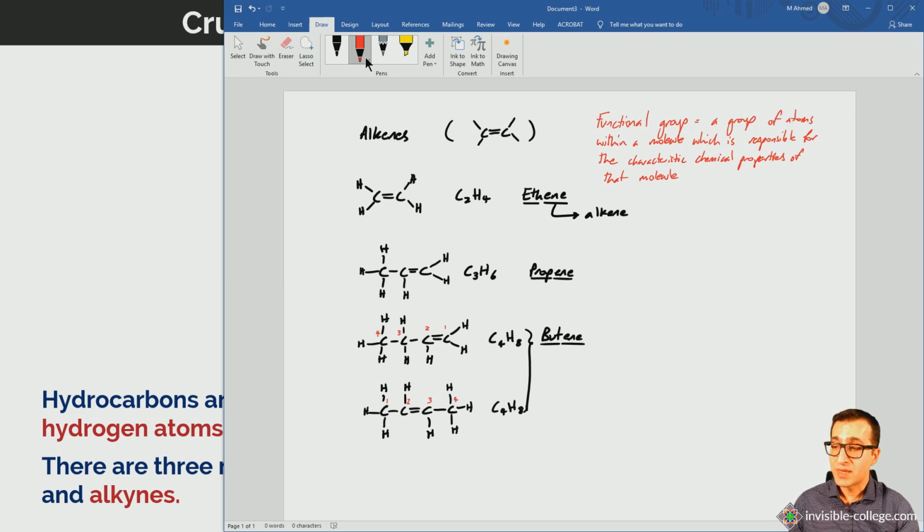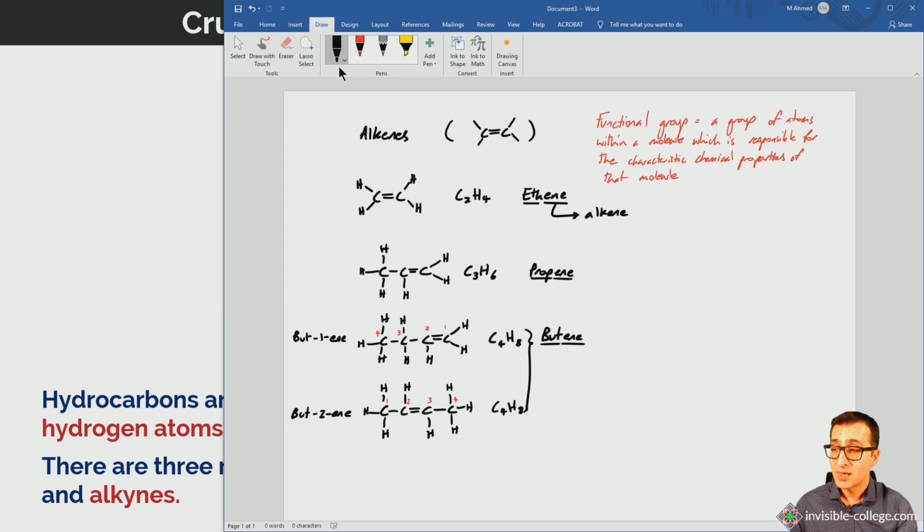So the way that we name these to distinguish their difference in structures is by naming them like this. This molecule here is but-1-ene, and this molecule here is but-2-ene. So here we see there is a number in the middle of the name which tells us the position of the ene, the position of the double bond between the two carbons.